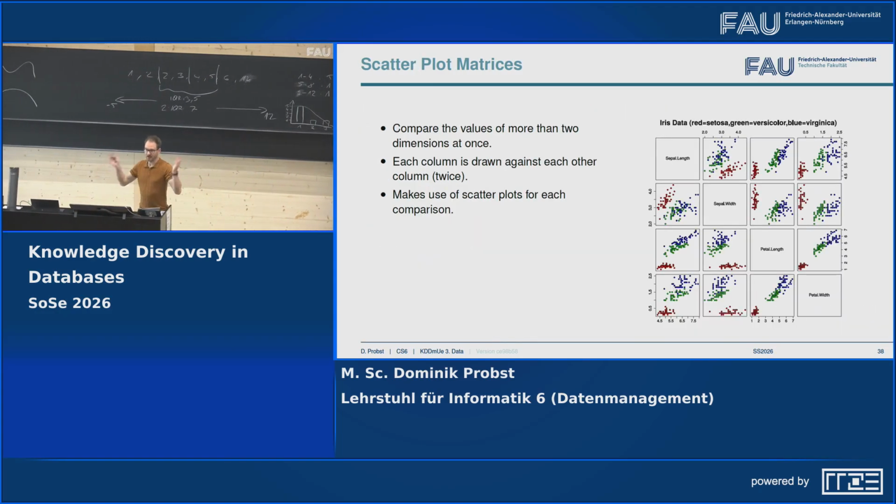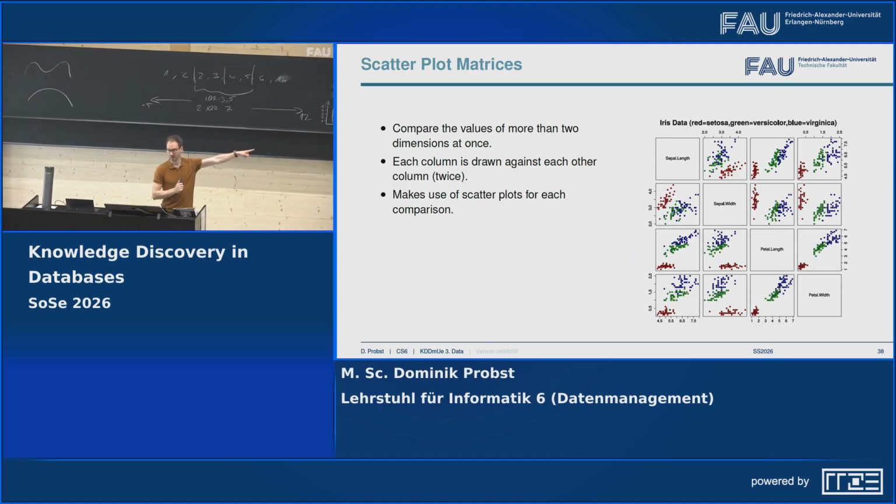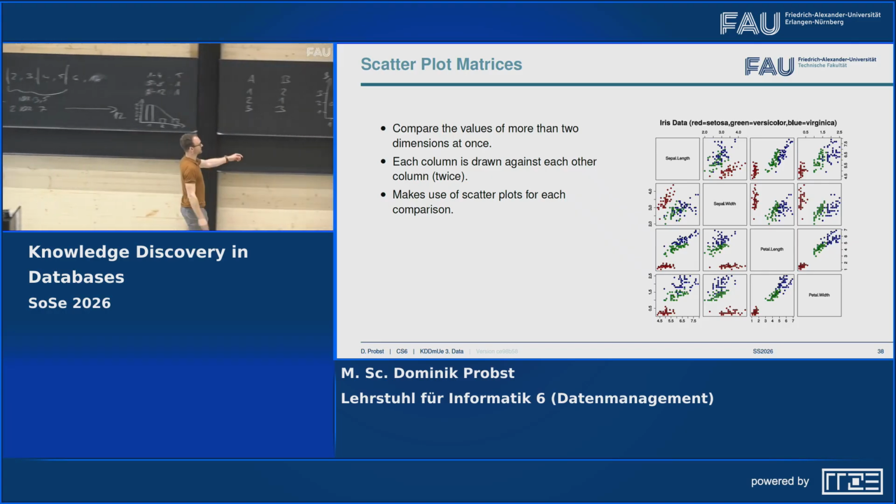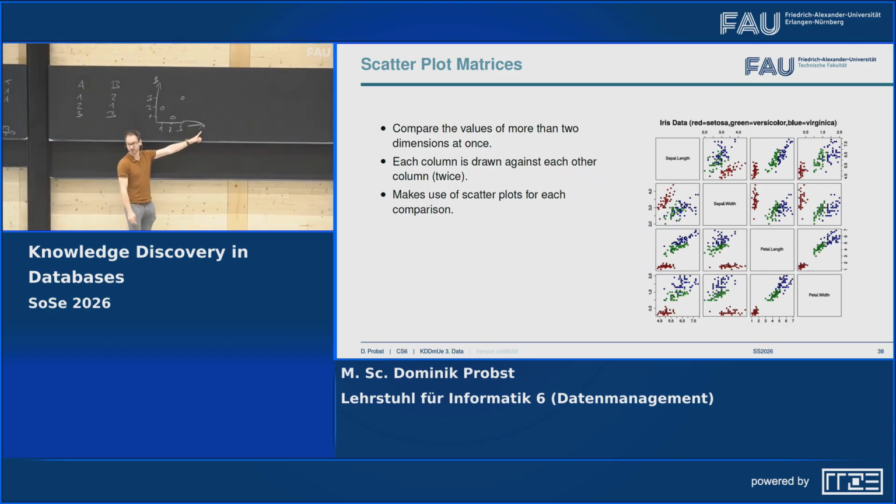For scatter plots, I also already explained how they work in general, but we can also put a lot of scatter plots into a scatter plot matrix. Because in a scatter plot, we can only compare 2 dimensions with each other.